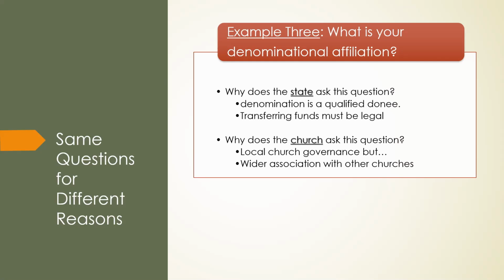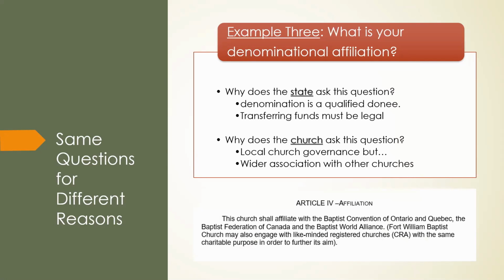However, we also believe in a wider church association. Scripture sets an example for connectionalism with a broader body of churches. And Article 4 states our affiliation. Again, the main thing to notice is that the same question is being asked for very different reasons.